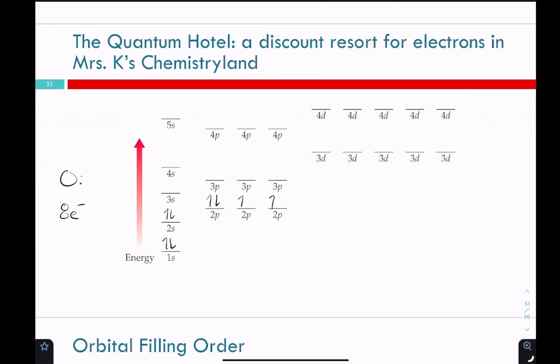It is just how it is. But the principal shell number also corresponds to the number of types of orbitals in that level. So 1 only has 1 type. 2 has 2 different types of orbitals, s and p. 3 has 3 different types of orbitals. And then 4 has 4. So 4f is the first f orbital.